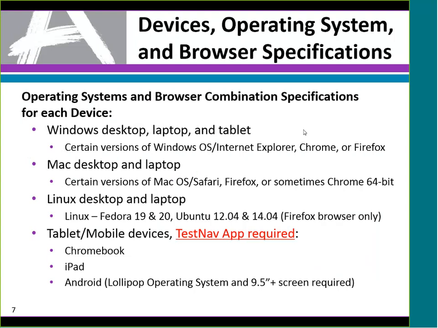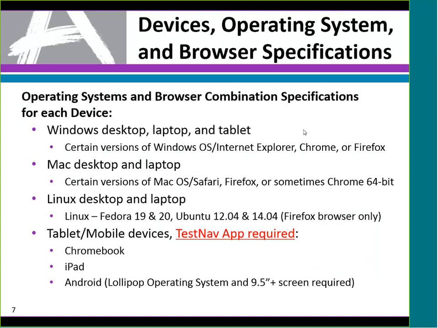So we have Windows desktop, laptop, and tablet devices, Mac desktop and laptop, and some of the browsers that go with that. We do support Linux on desktop and laptop. Fedora has to be version 19 or 20, or Ubuntu 12.04 or 14.04, and those work on the Firefox browser only. They are going to need Java installed, same as the Windows or Mac devices, but that's a little bit more complicated on Linux.